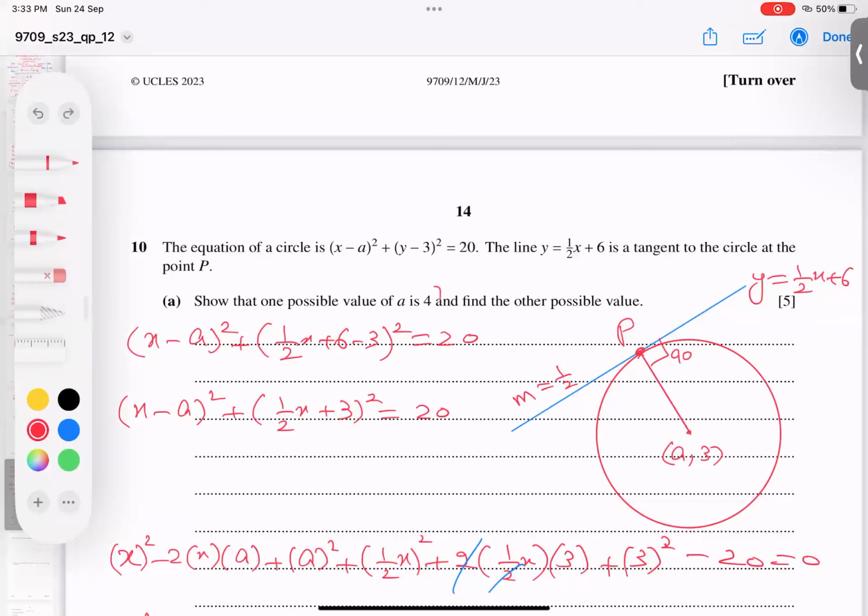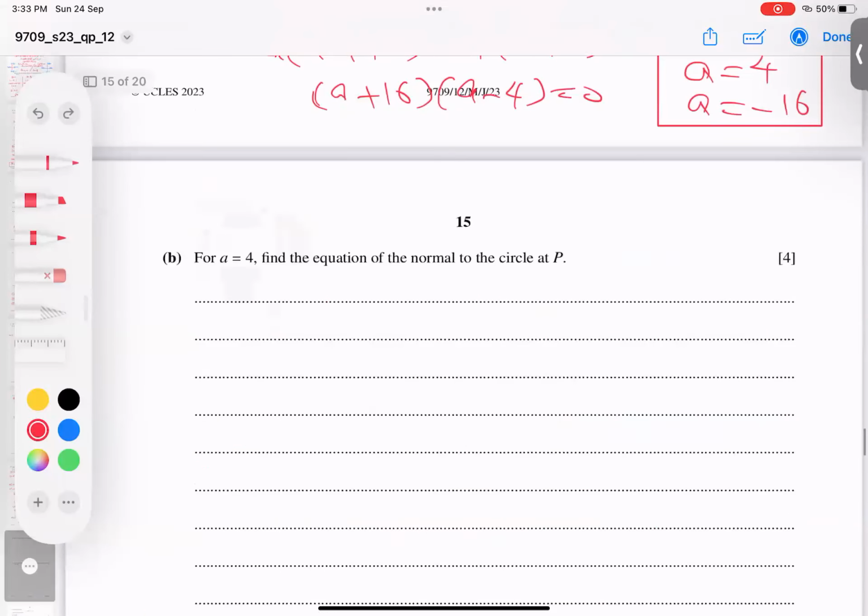Now if I plug in that 4 here, the center becomes (4, 3), and we have the gradient of this equation. This blue line has gradient a half, so the normal becomes negative 2. Use negative 2 and this center, so the point is (4, 3).